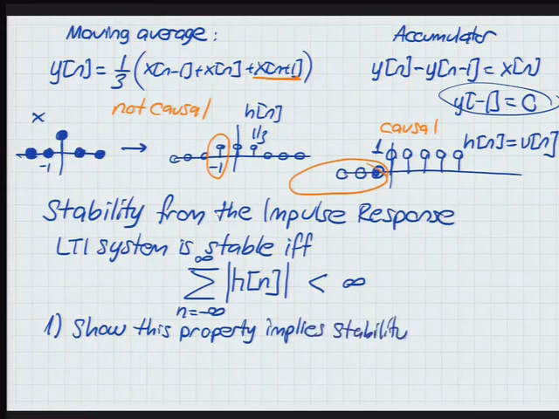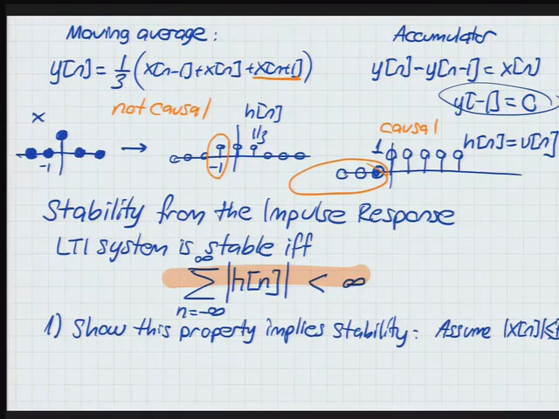So I'm going to assume that this is indeed true, and I'm going to convince you that the system must be stable. Okay? How can I convince you that a system is stable? What is stability? If the input is bounded, you're sure that the output is also bounded. Okay? So you'll assume the input is bounded. Assume all input values are less than some bound capital B, B for bound.